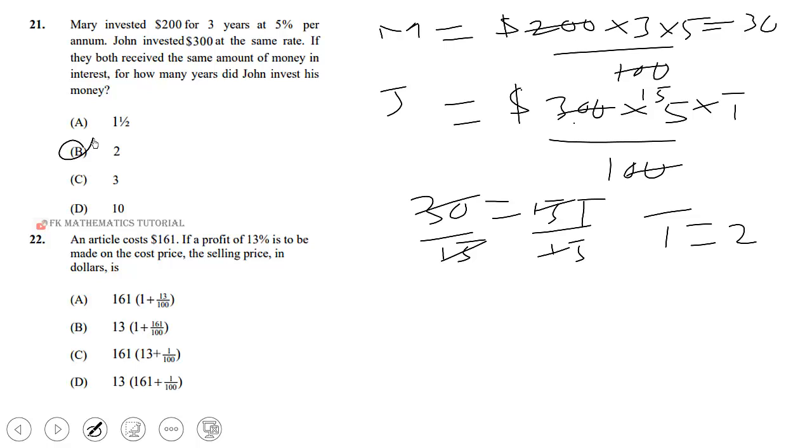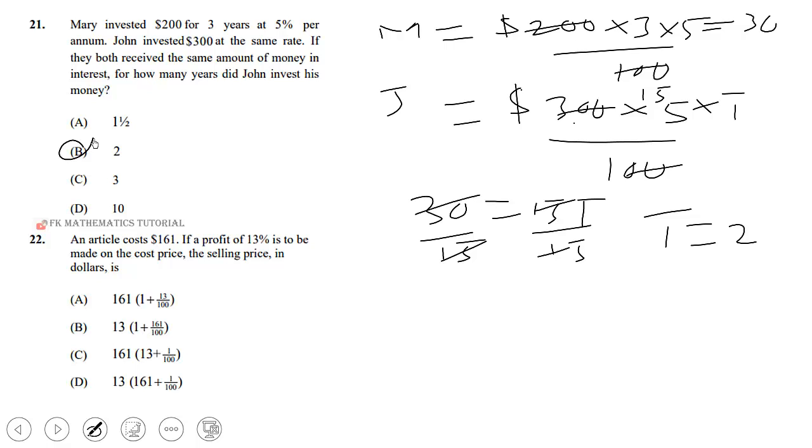An article cost $161. If a profit of 13% is to be made on the cost price, the selling price in dollars is. So an article costs $161.